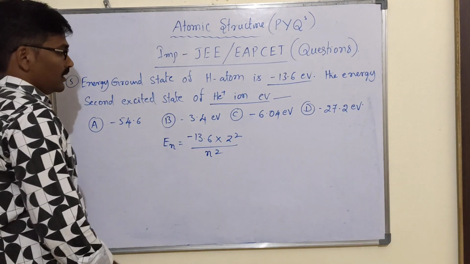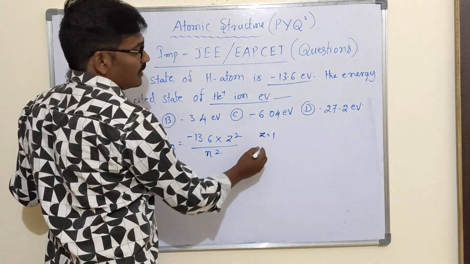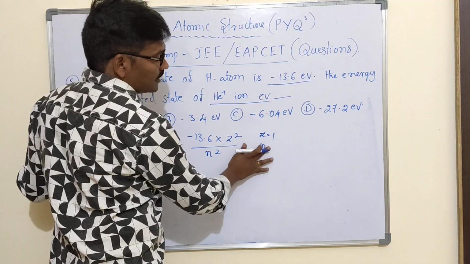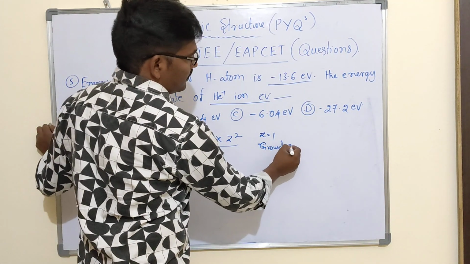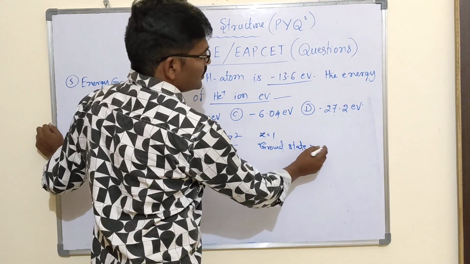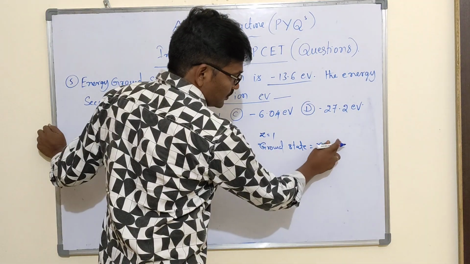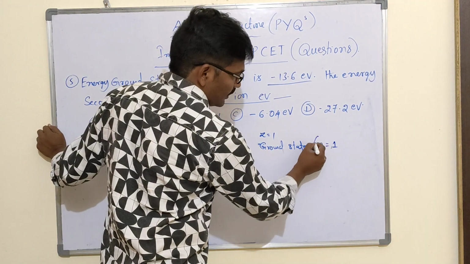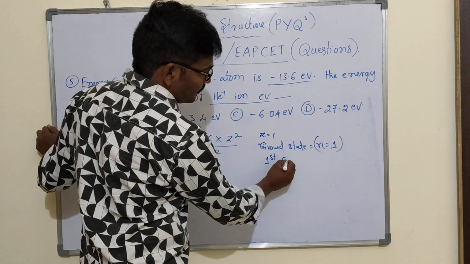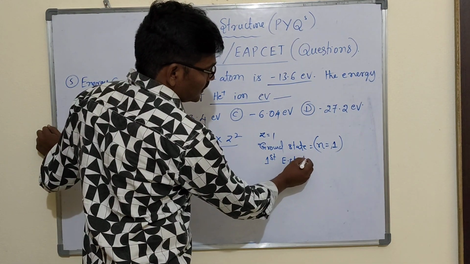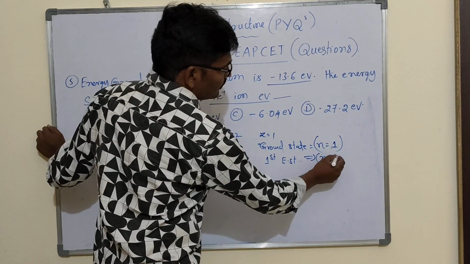Clear? Then here for hydrogen atom Z equals 1. Remember, when the ground state is mentioned, then n value is equal to 1. In case the first excited state is mentioned, then n value is equal to 2.